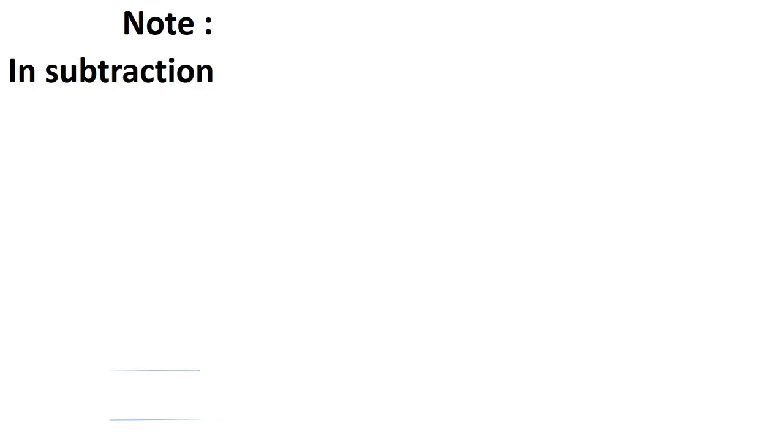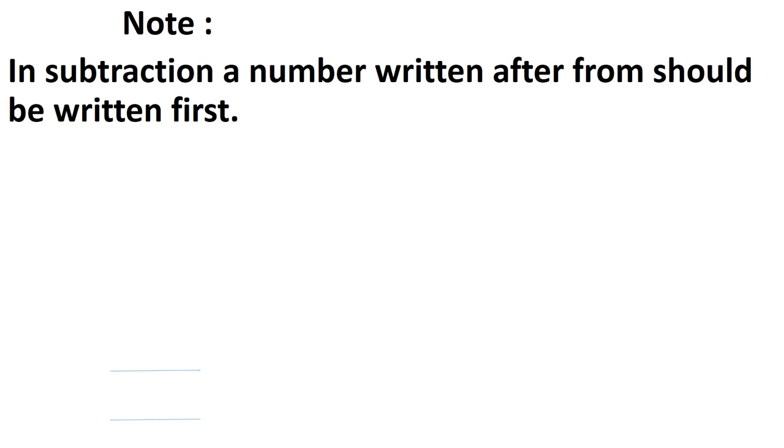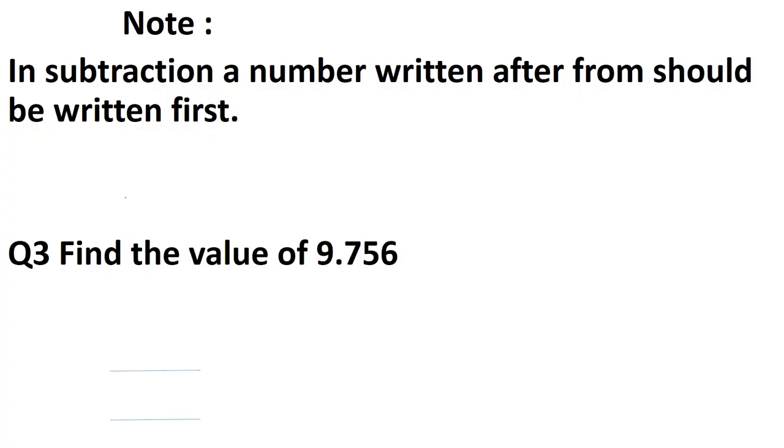Note, in subtraction, the number written after "from" should be written first. This you all know. Now see question number 3. Find the value of 9.756 minus 6.28. Now no "from" is there. It is a simple question: 9.756 minus 6.28.